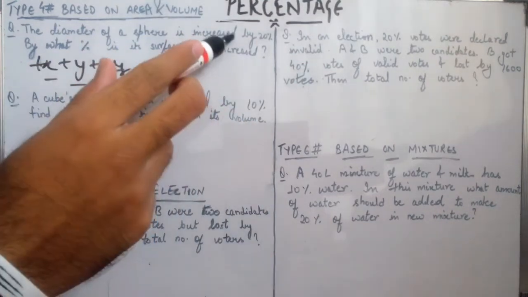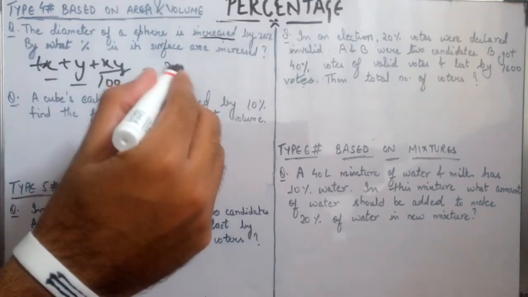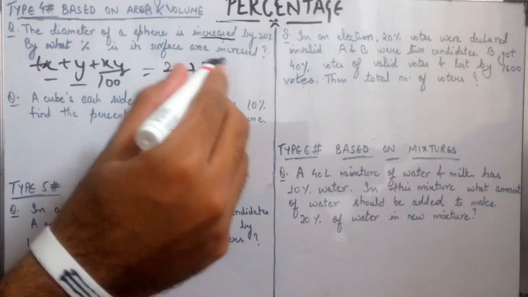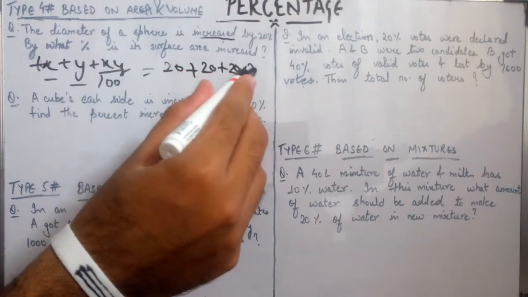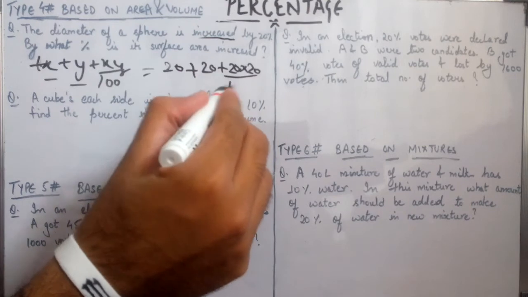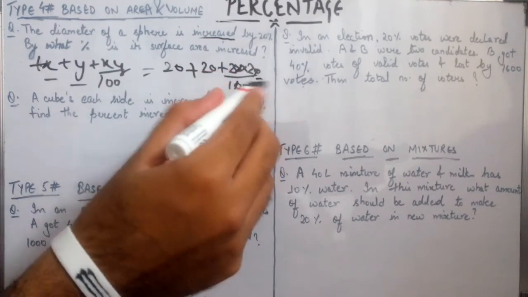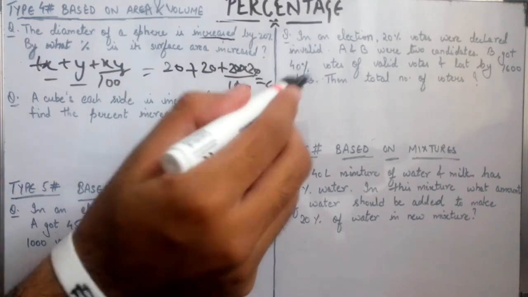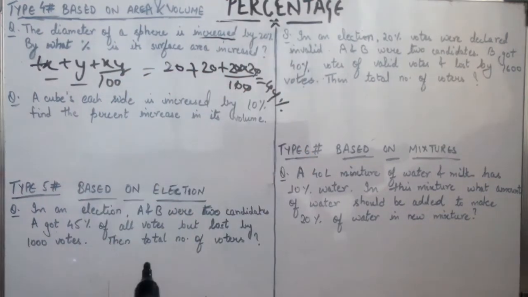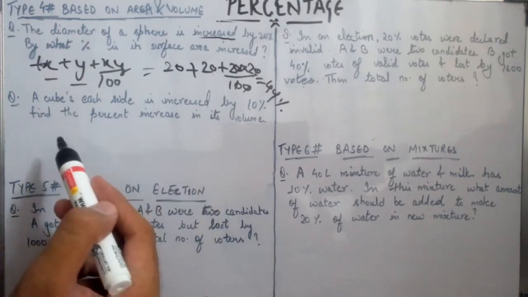Here it is increased, so 20 plus 20 plus 20 into 20 upon 100. The answer is 44% increase.